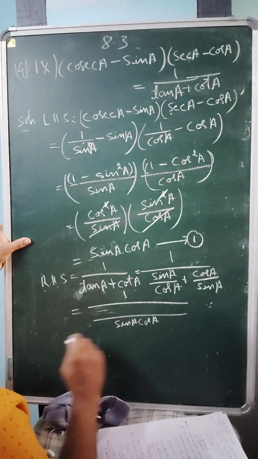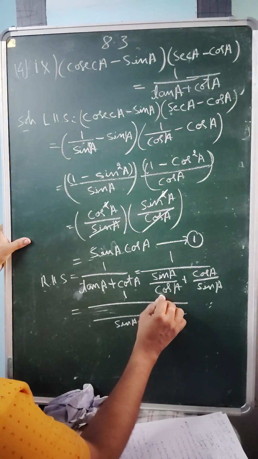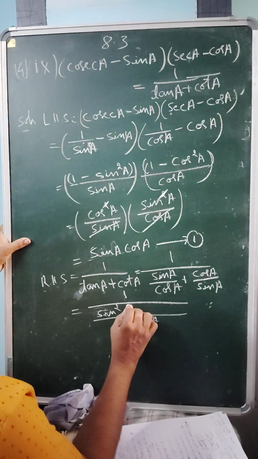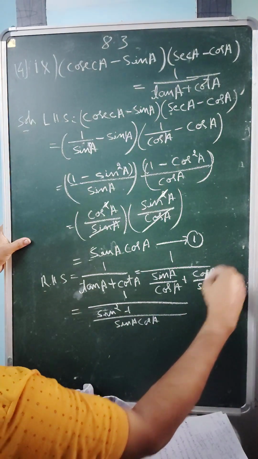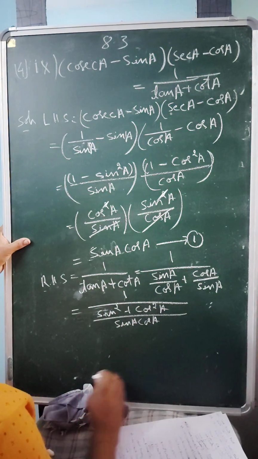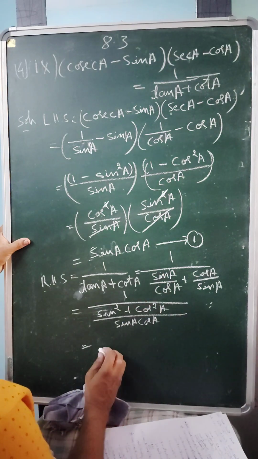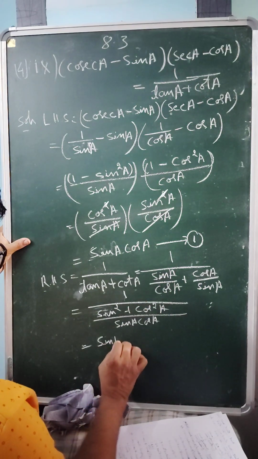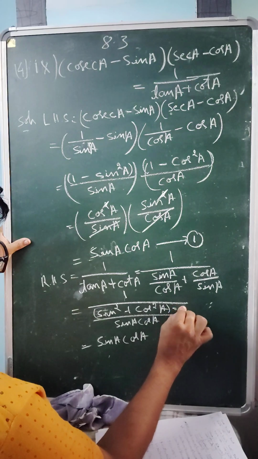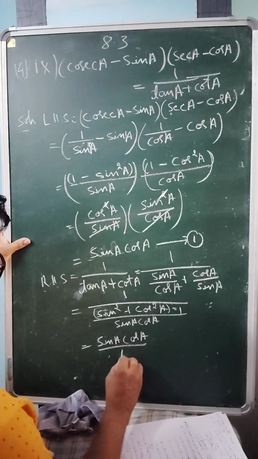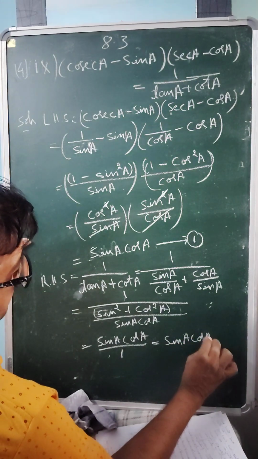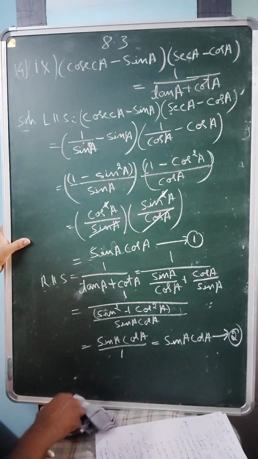So 1 by sin square A plus cos square A, divided by sin A cos A. Here it becomes 1, so 1 divided by 1 by sin A cos A, which is equal to sin A cos A. This is the value of RHS.